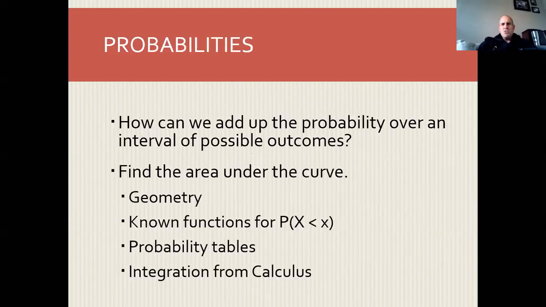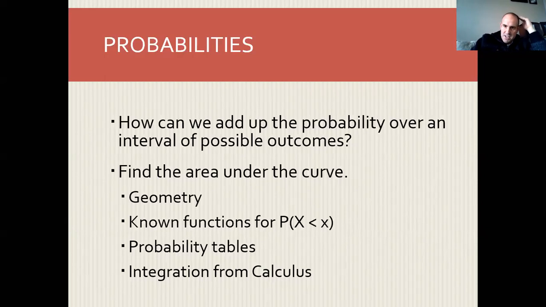Now we're going to remind ourselves of ways in which we can find probabilities. We've already seen that we can do integrals. We used integrals to come up with the cumulative distribution functions. We even used geometry, looking at rectangles and using geometry to our advantage.